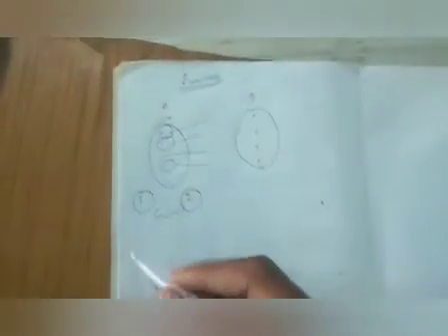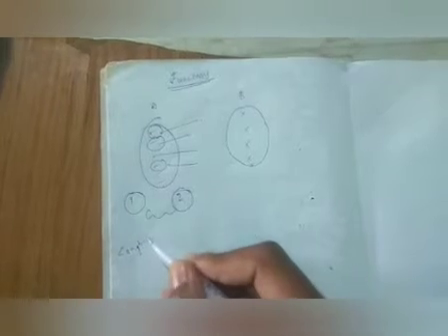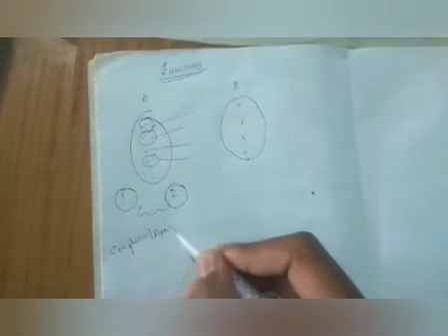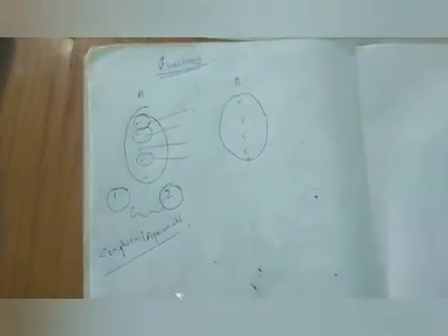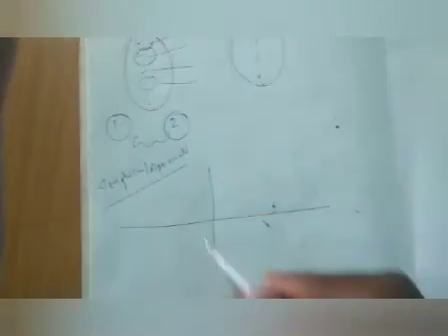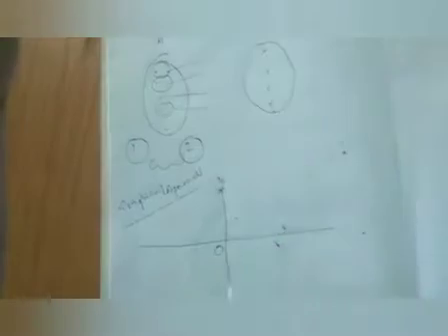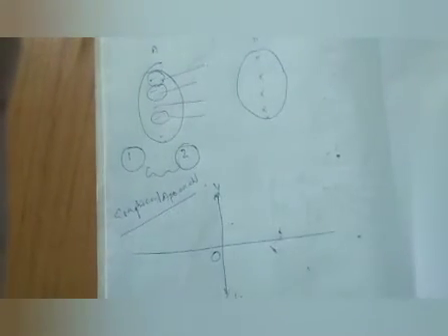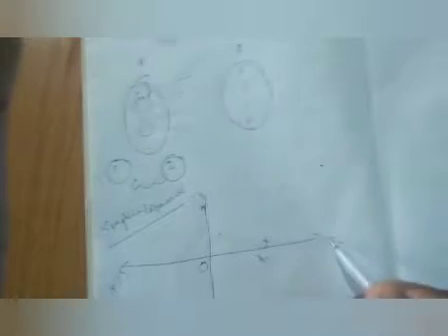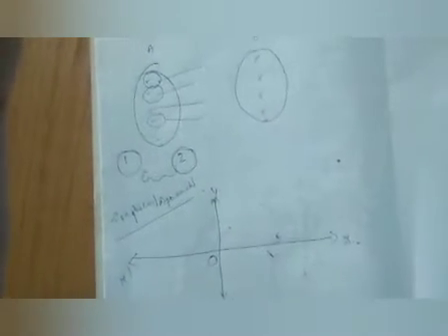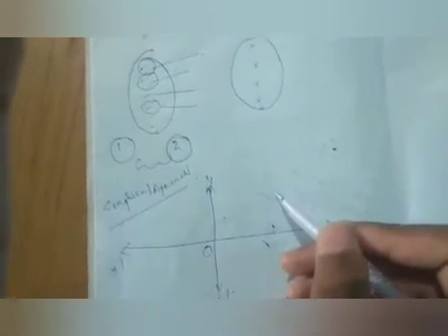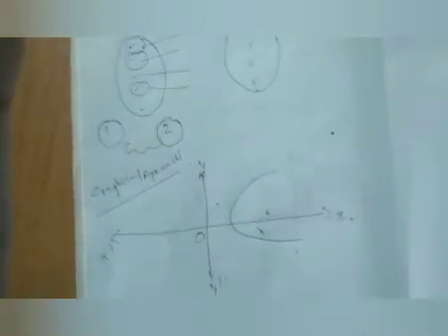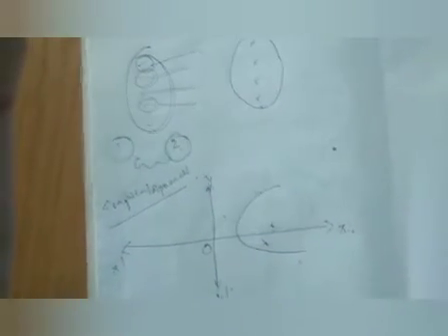Let us go with the graphical approach. This is the origin, y-axis, y dash, x dash, x, right? So if we consider some relation, like this one, is it a function?